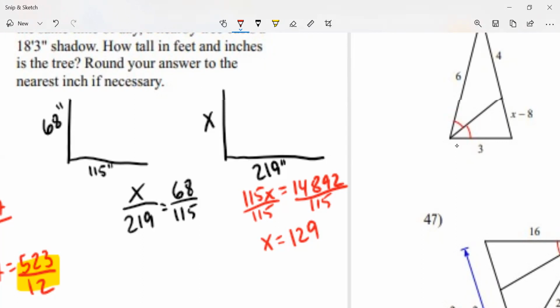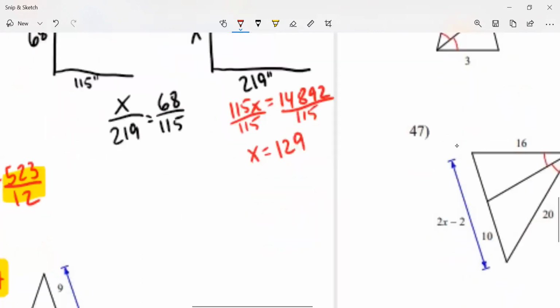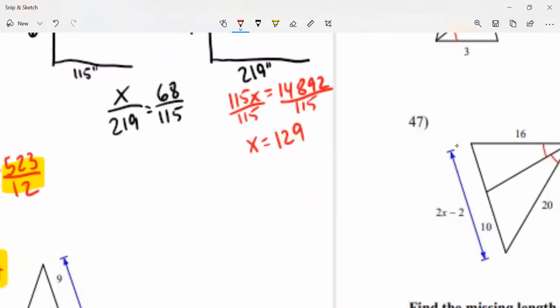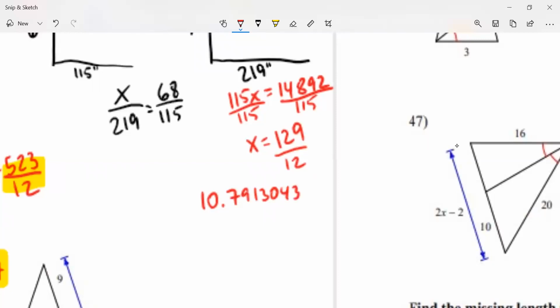I need to figure out in feet and inches. So let me do this. 129 divided by 12. It gives me 10 point, and then there's a decimal. I'll come back to the 10 in a minute. Let me save that 10 in my mind.